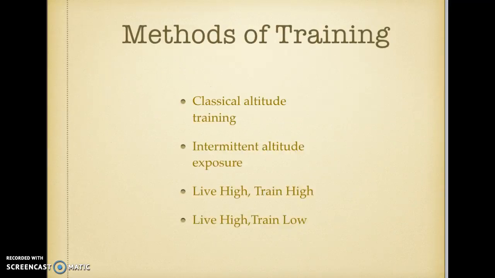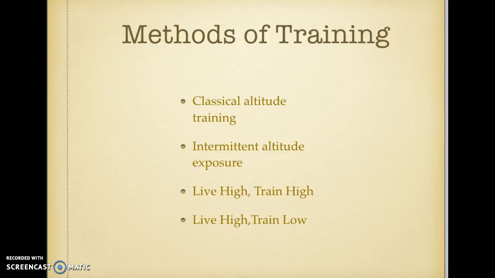The different methods of training include classical altitude training. Classical altitude training has a time frame of 2 to 4 weeks, and it is anywhere between 1,800 meters and 3,000 meters, which is between a low altitude and a moderate altitude, and that's the most common method of training.